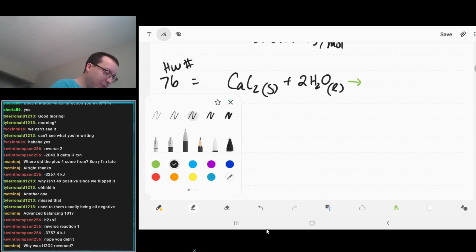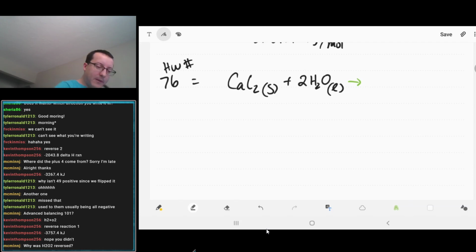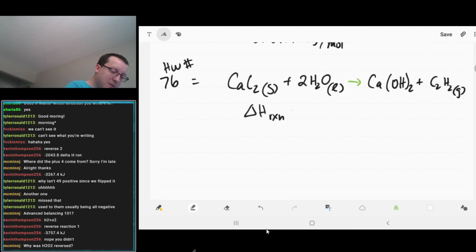Calcium hydroxide. Acetylene gas. And so this problem is telling us that delta H reaction is negative 127.2 kilojoules per mole of calcium carbide.